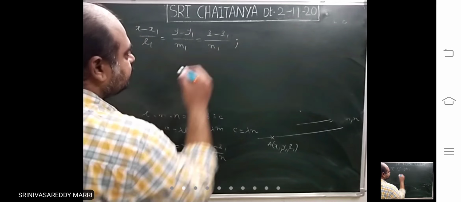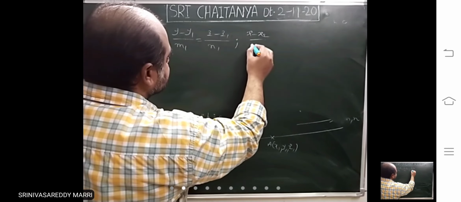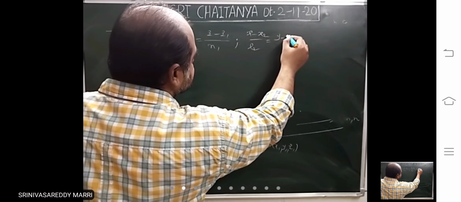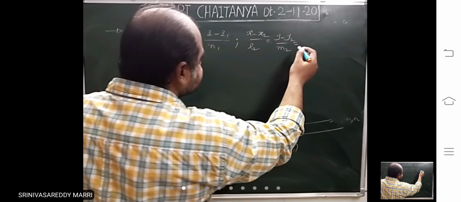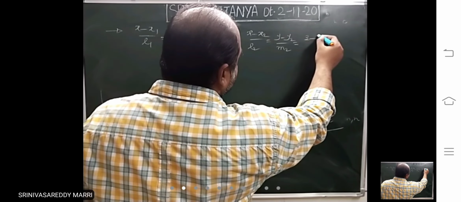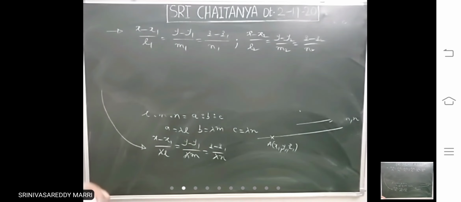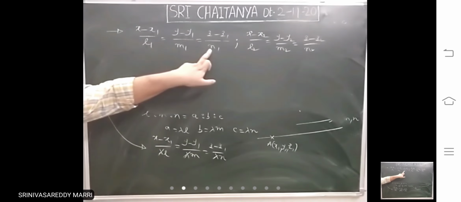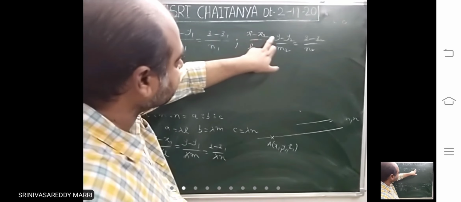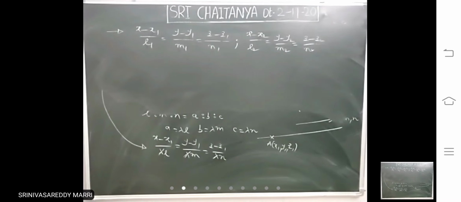This is one line, and then another line is like this, in DCs form. This line passes through (x1, y1, z1) and has DCs l1, m1, n1. This passes through (x2, y2, z2) and has DCs l2, m2, n2.